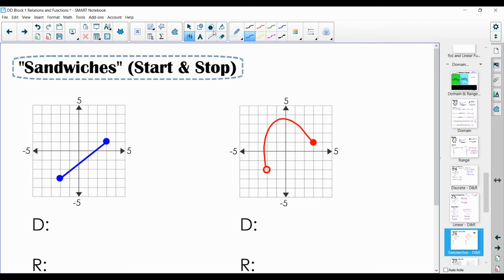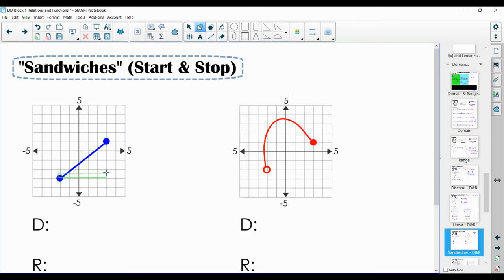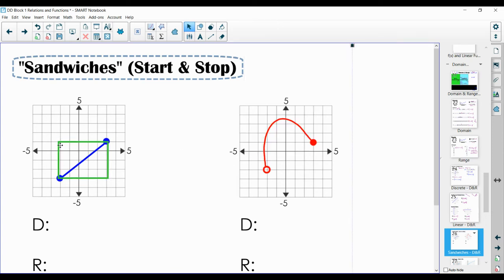And so what some people might do to help visualize is to draw a box around the grid, and that will help them to identify their domain and range. And so there's my box. I'll just change up the size here. And so there's sort of the outer limits of my graph.